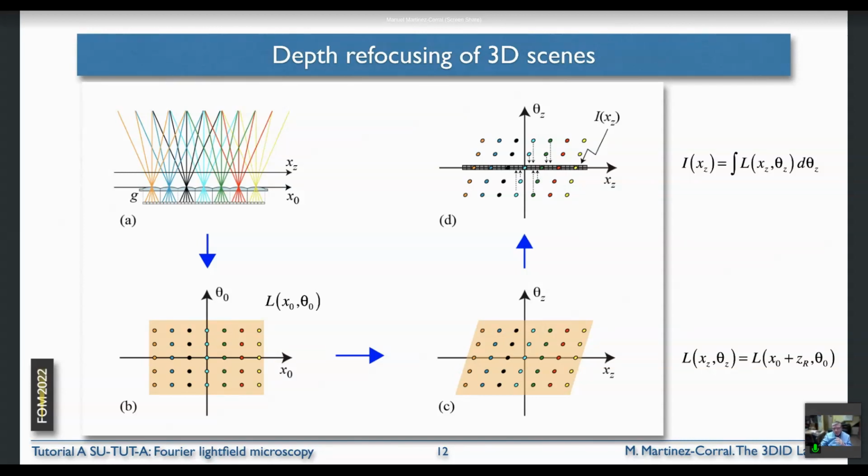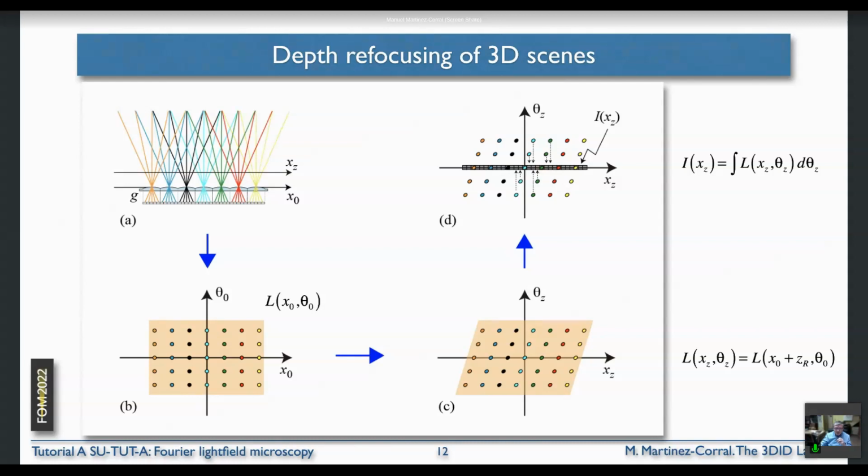And now I want to reconstruct the ray structure not at this plane, because this function tells me the ray structure in this plane. I want to reconstruct how it was in a different plane, for example, this one.